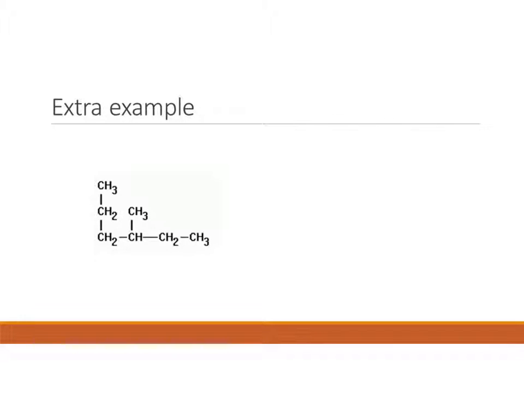We have 4 carbons here, and it might look like we have 2 branches here and here, but actually this is a curved parent chain like this. So the parent chain is actually this L-shaped chain here. So there's 1, 2, 3, 4, 5, 6 carbons in the parent chain.